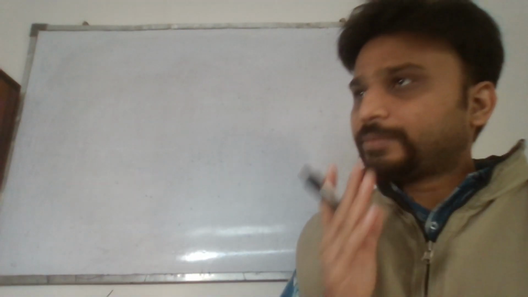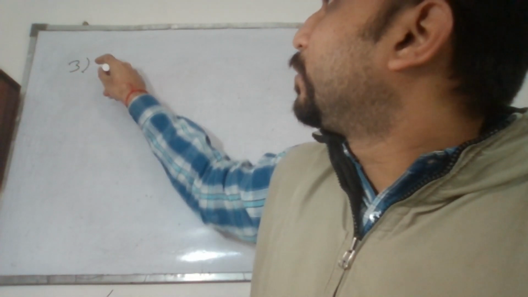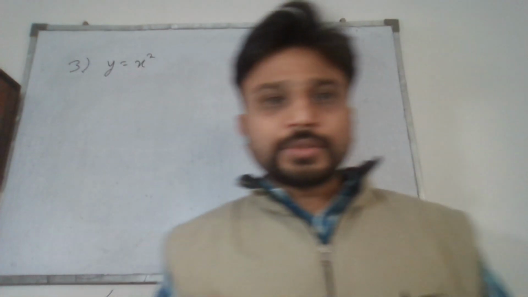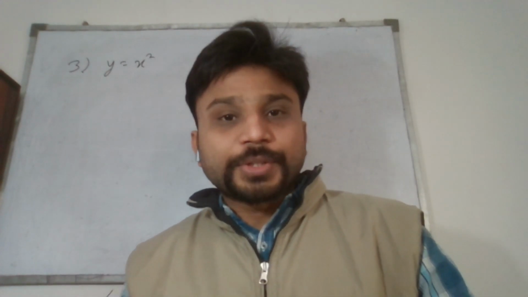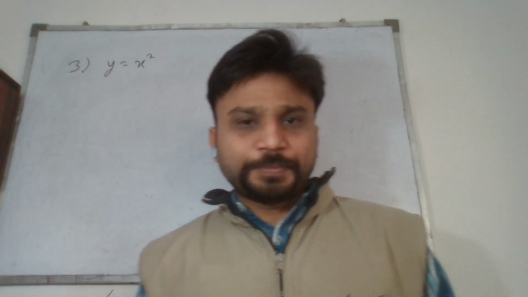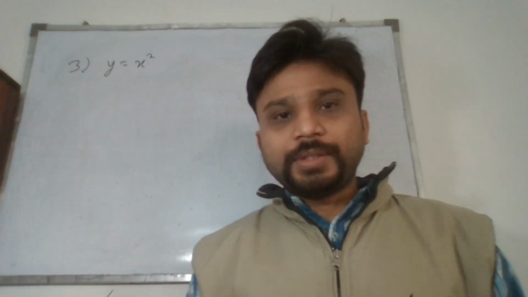Okay, now let's move on to some more general cases. Let us take a case when y is equal to x squared. What is this kind of curve? This is a parabola. It is a special curve where if I put the value of x as plus 1, its value is going to be 1 squared.